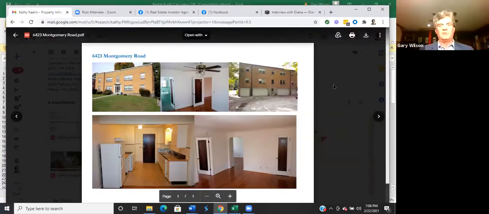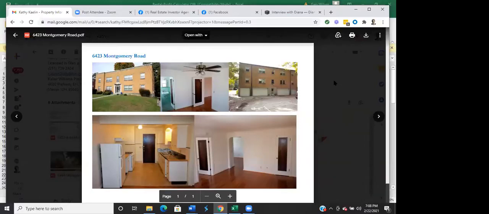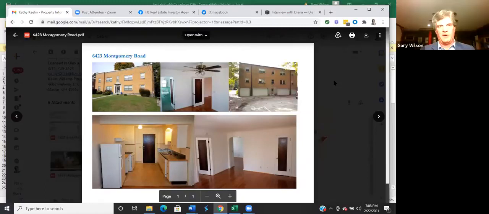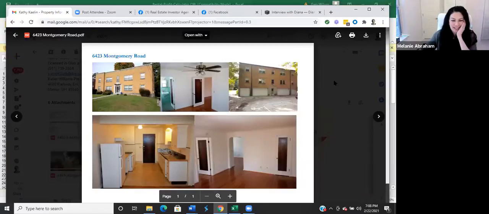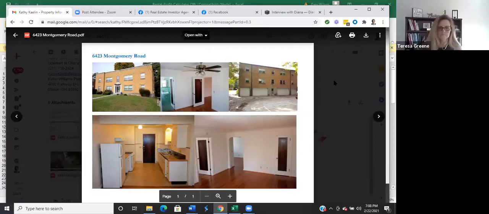C minus would be right on the edge of where you walk away. C plus. It's tough because I see the floors are nice, but the kitchen is dated. Everything's just dated.